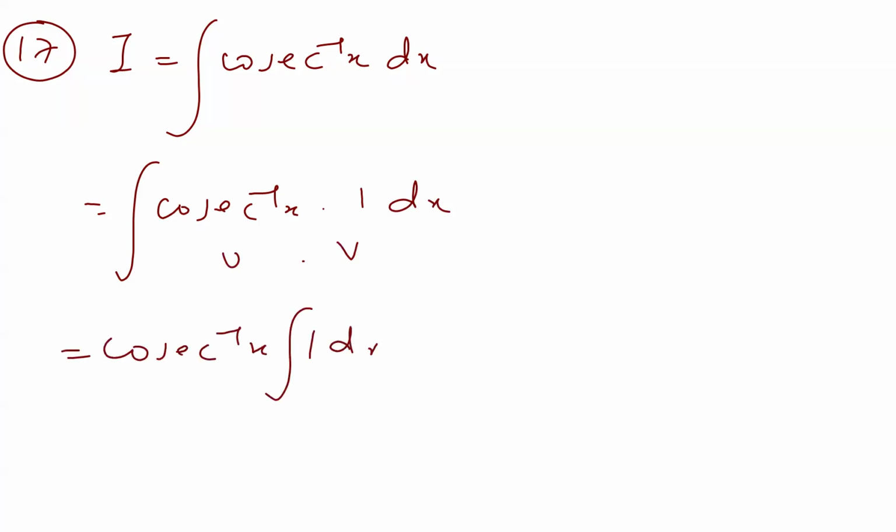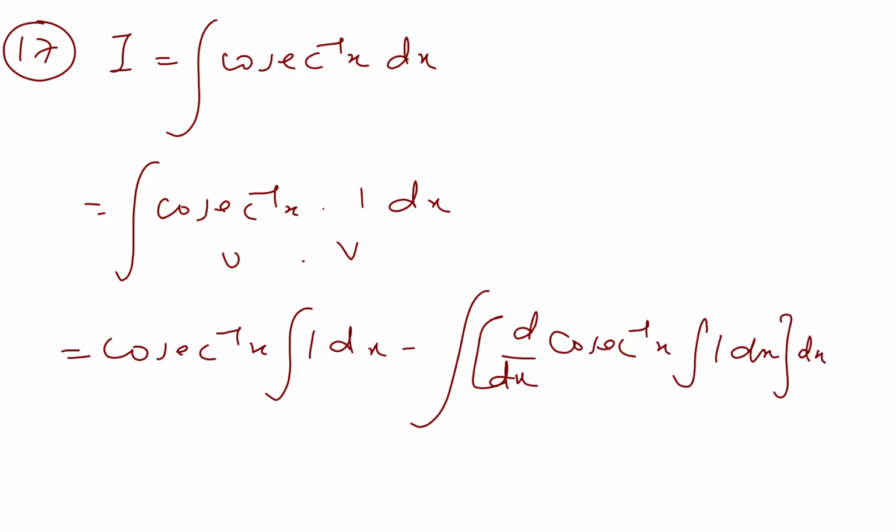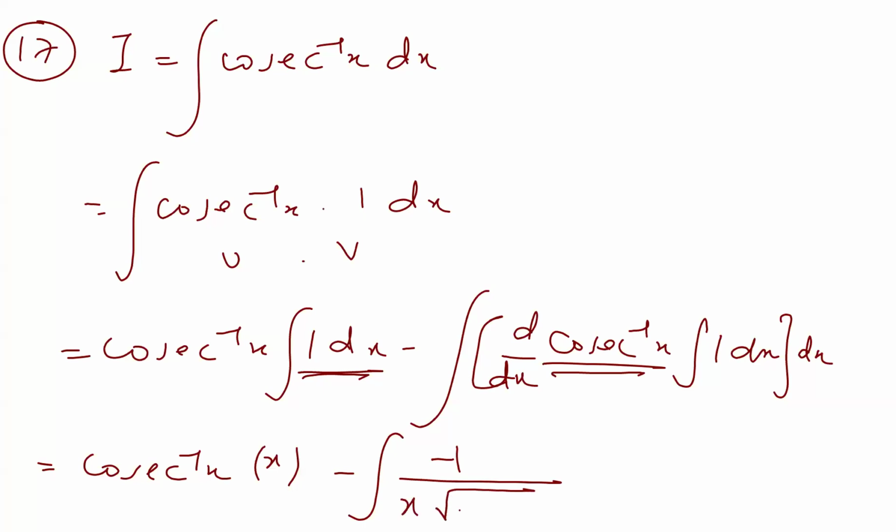Cosec inverse x, integration of 1 dx, minus bigger integration of dy dx of cosec inverse x into integration of 1 dx, bracket close, dx. So cosec inverse x, integration of 1 is x, minus bigger integration, dy dx of cosec inverse x is minus 1 upon x root x square minus 1, and this is x.